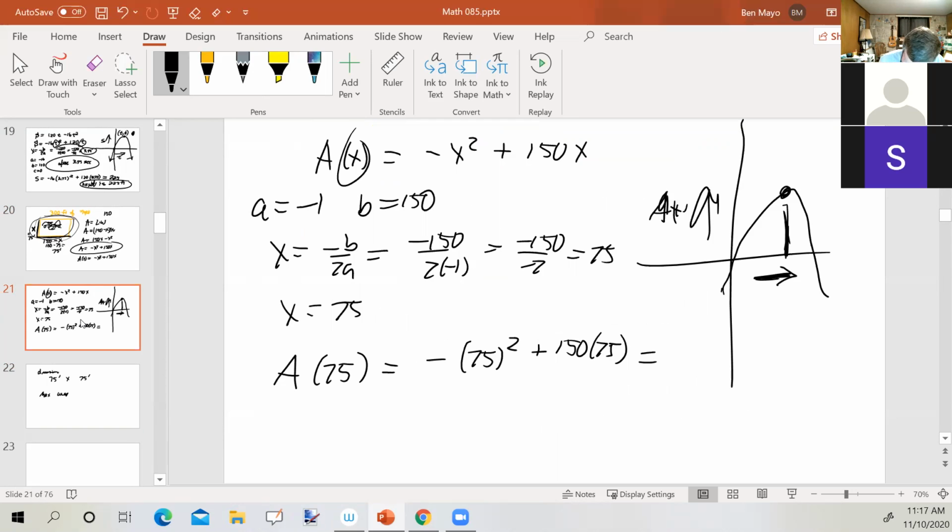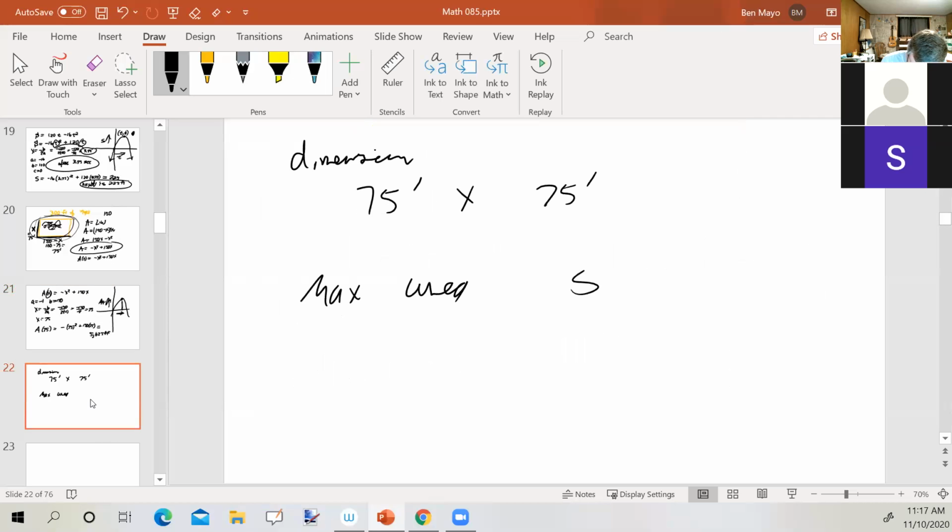And we get 5,625 square feet. So maximum area, 5,625 square feet.